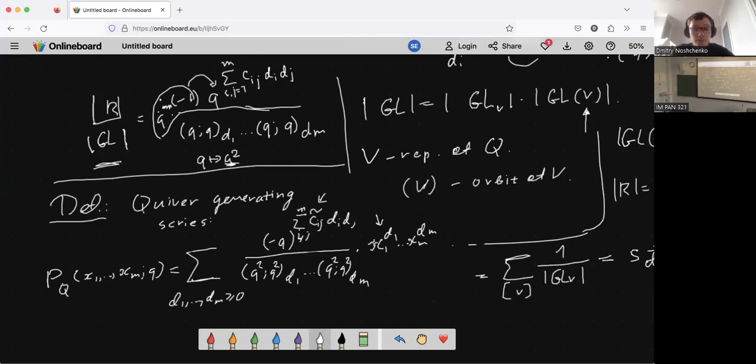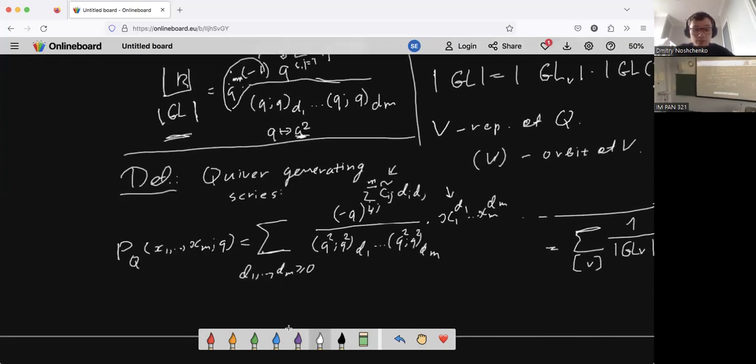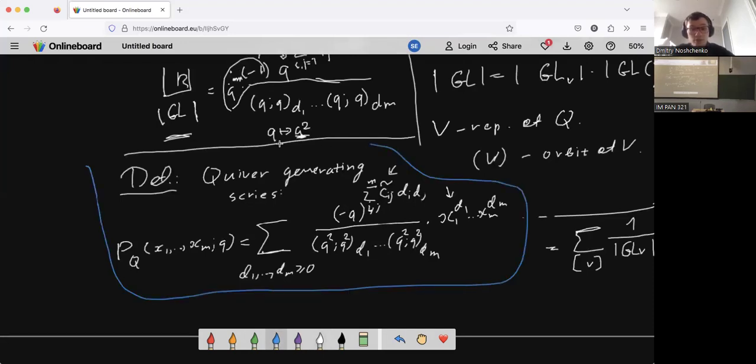And this is the final object, basically our main definition that we want to study. So we want to study this generating series.